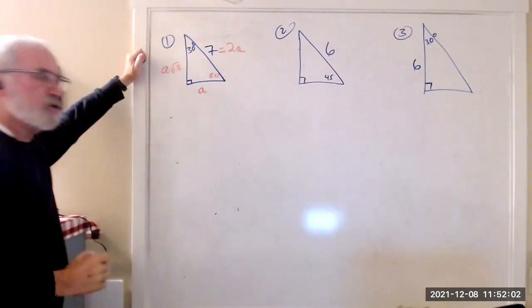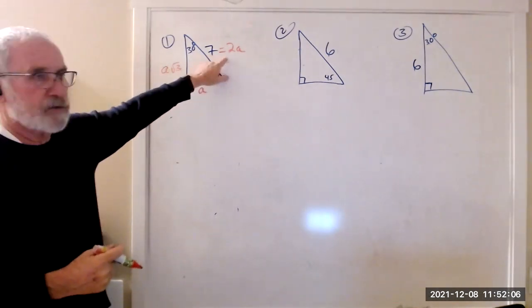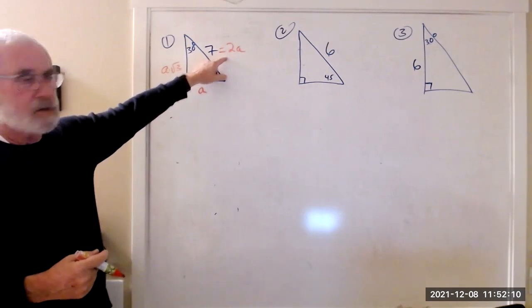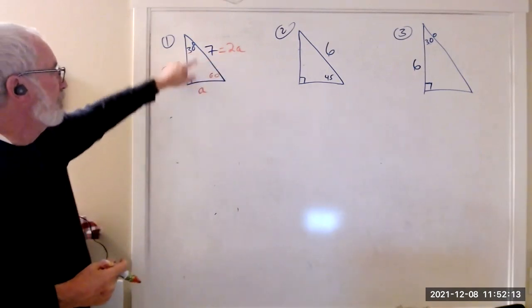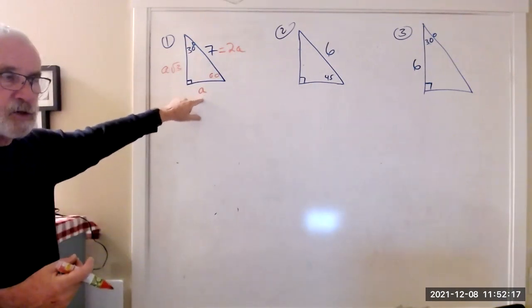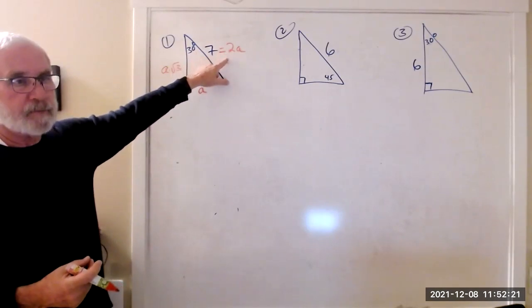That's the relationship that the three sides of a 30, 60, 90 triangle always have. But they start with the side opposite the 30-degree angle is your smaller side. It's always called A. The hypotenuse is double A.